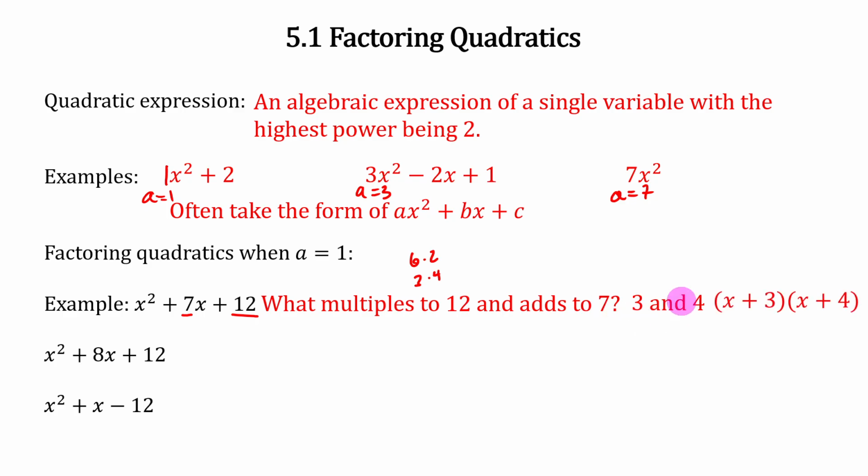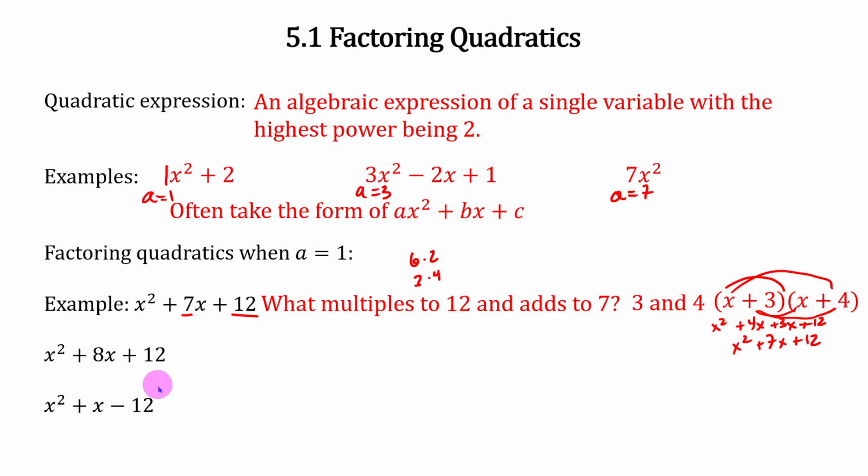And if I FOIL this back together, x squared plus 4x plus 3x plus 12, which is x squared plus 7x plus 12, which is what I started with. That's the whole point. We're unfoiling essentially now.